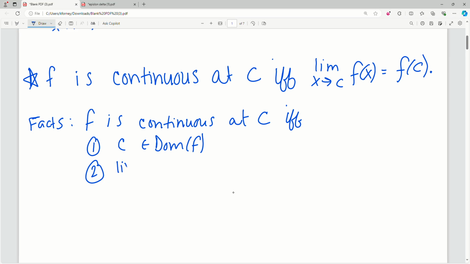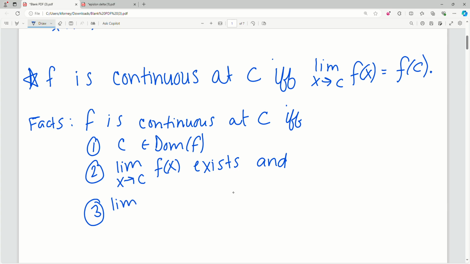Then also the limit as x approaches c of f of x exists, and the limit is equal to f of c.